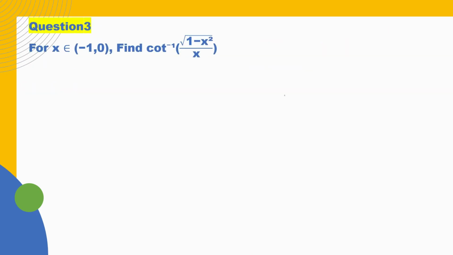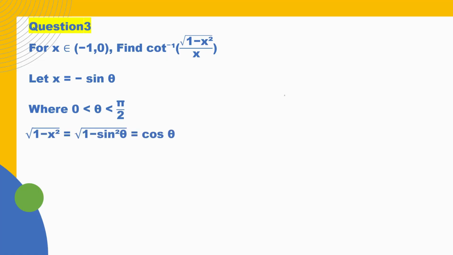Here is a very important question. In this question, we have to find cot inverse of under root 1 minus x square upon x for the given domain of x. Now, let's put x equals minus sine theta, because x is minus sine theta and theta lies between 0 and pi by 2. So we have under root 1 minus x square equals under root 1 minus sine square theta, which is equal to cos theta. And the term under root 1 minus x square upon x becomes cos theta upon minus sine theta, and that is equal to minus cot theta.